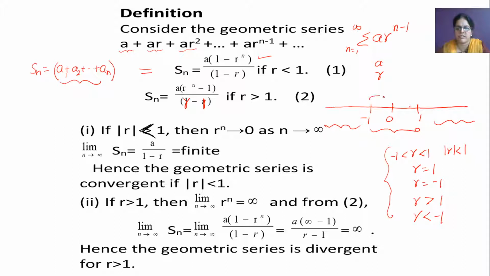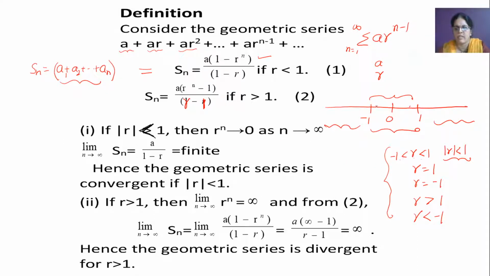So first let us consider r in between minus 1 and 1. When r is in between minus 1 and 1, it is equivalent to saying mod r less than 1. Mod r less than 1 means r is greater than minus 1 and less than 1. So if mod r is less than 1, then we know r power n tends to 0 as n tends to infinity.